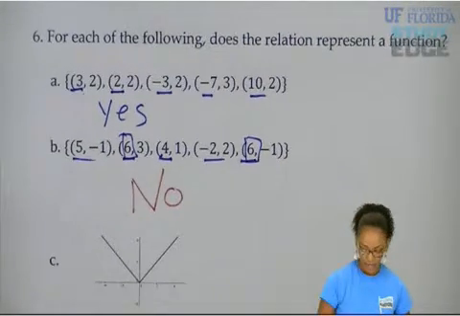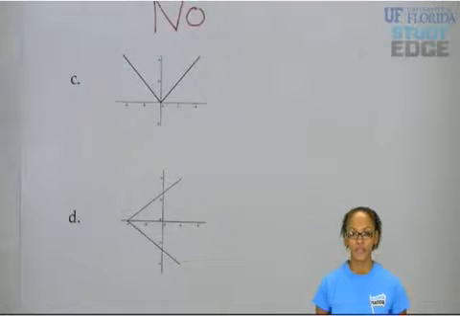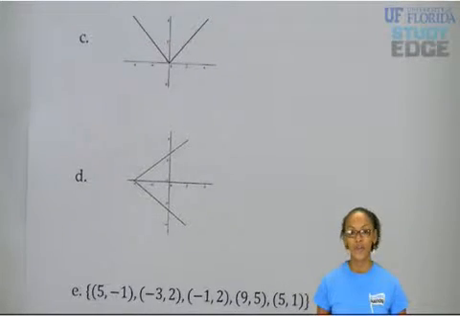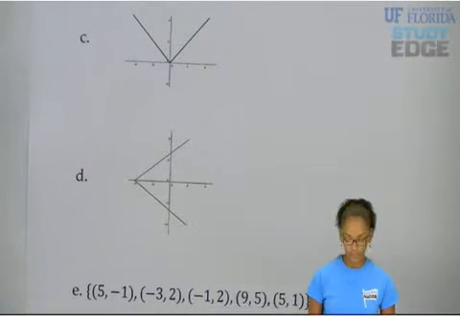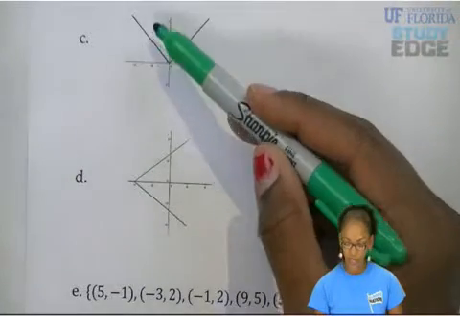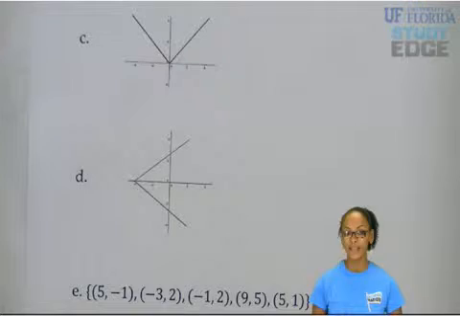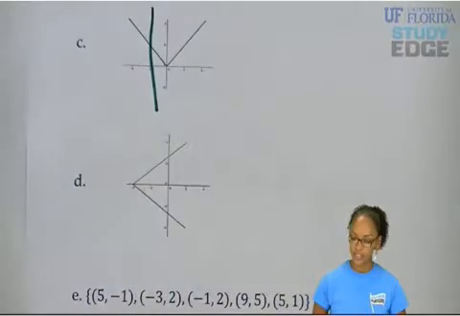Next, we have 2 graphs. We have C and D, which are both graphs. For this, we would use the vertical line test, which we went over before. Remember, the idea is if you draw a vertical line and it touches the relation more than once in that same line, it does not pass the vertical line test. So, does it touch it more than once?